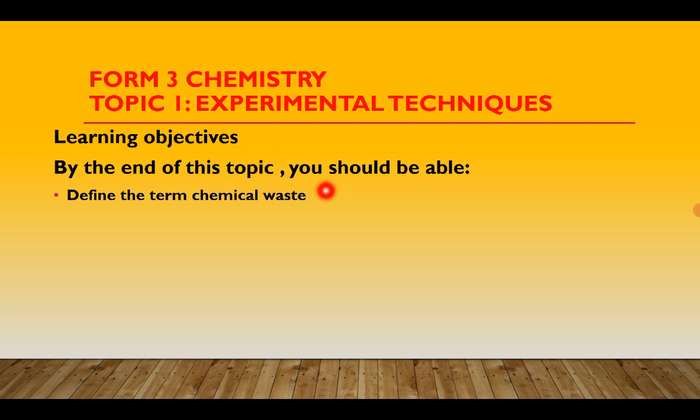What is a chemical waste as used in chemistry? What do we mean when we say this is a chemical waste? You should be able to give a definition of a chemical waste.